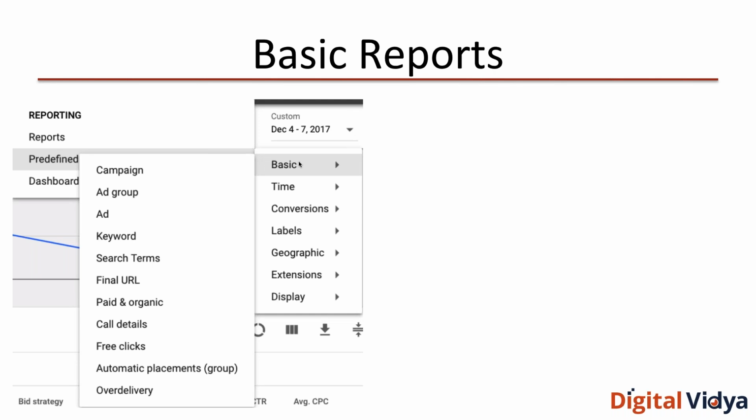If I hover my mouse over the basic report, it will open another subset of more granular reports like campaign performance report, ad group performance report, ad report, keyword report, search term report, final URL report, all these different types of reports. Okay, so if you notice, a campaign performance report or an ad group report can also be downloaded from the campaign page.